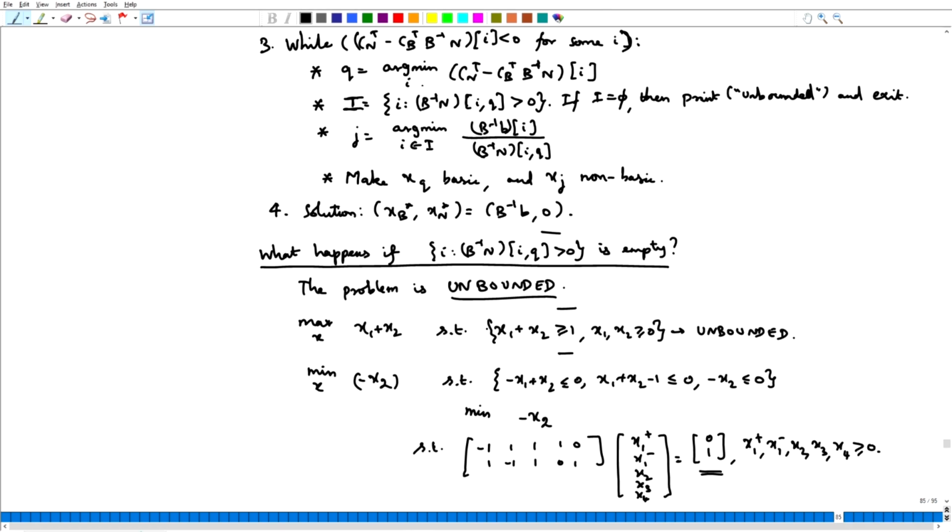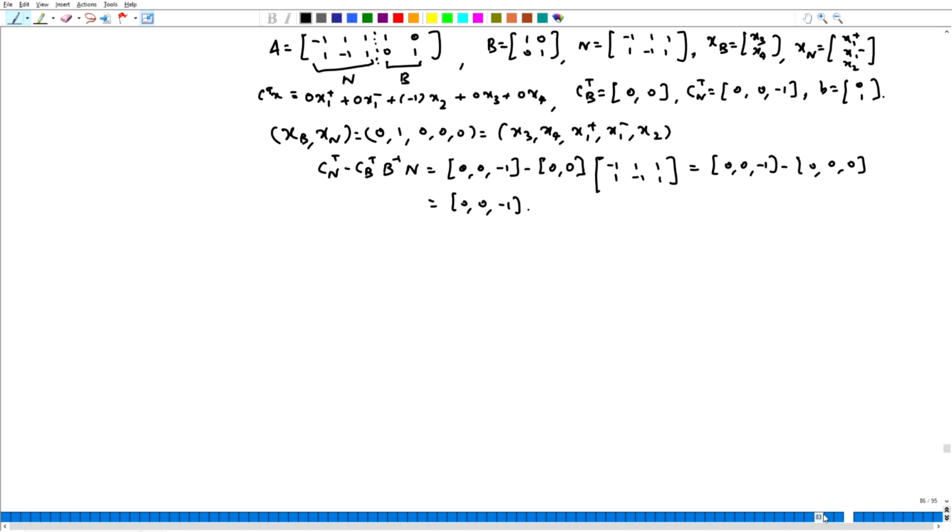Now, what is q? It is the minimum element of Cn transpose minus Cb transpose B inverse N, right. So, the minimum element is minus 1 and that corresponds to x2, right, because xN is x1 plus, x1 minus and x2.